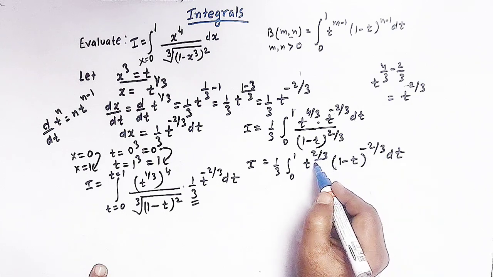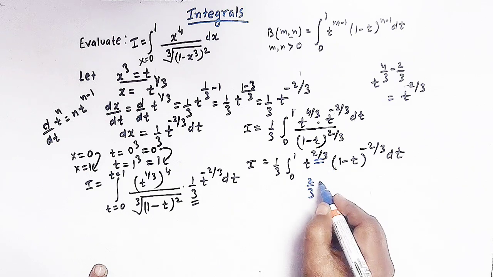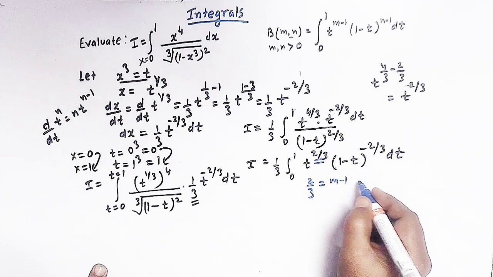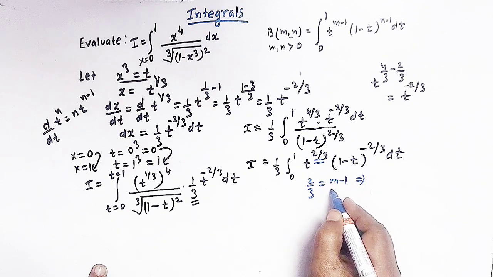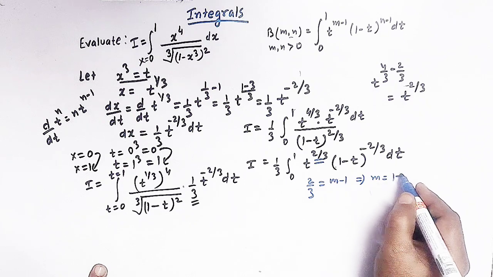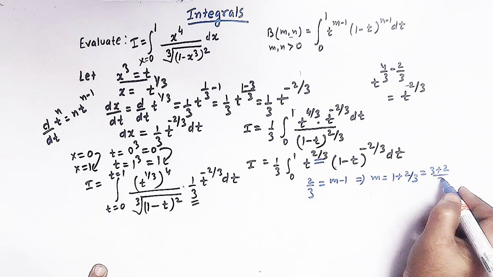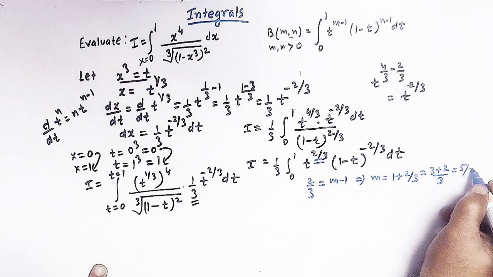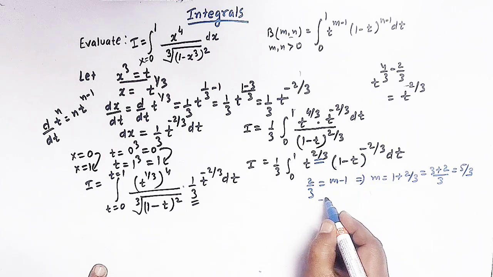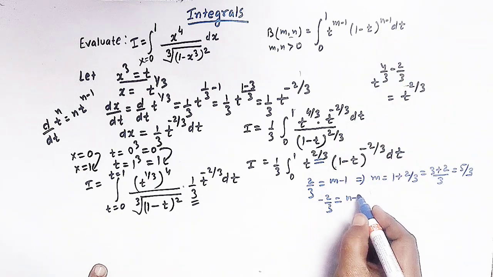So let us write this exponent, that is 2 over 3 is equal to m minus 1, right? So we can solve this equation. So we have m is equal to 1 plus 2 over 3, that is (3 plus 2) over 3, that is 5 over 3. And similarly here we have minus 2 over 3, and here we have n minus 1.